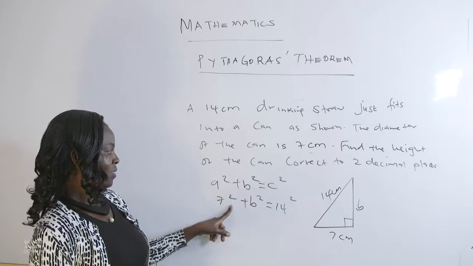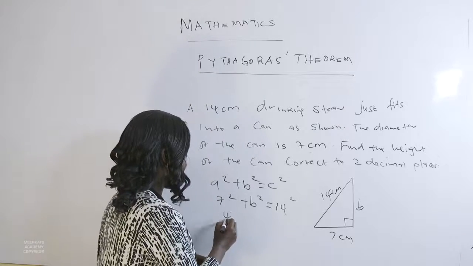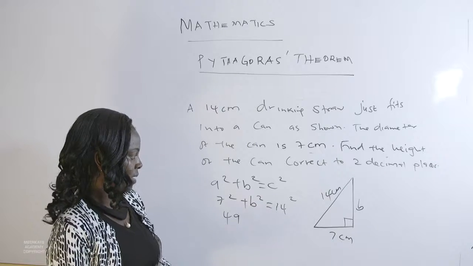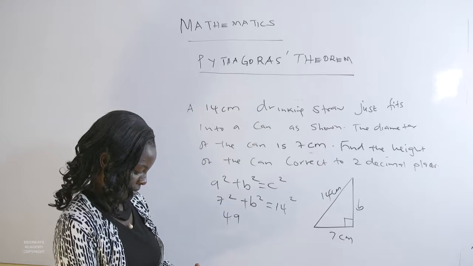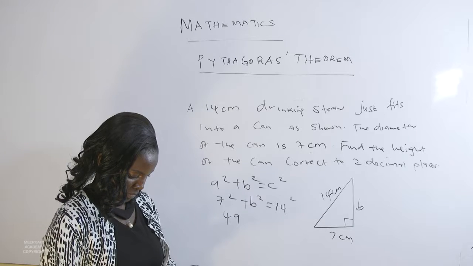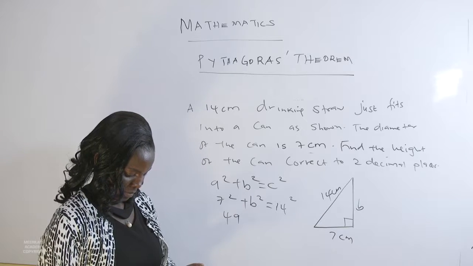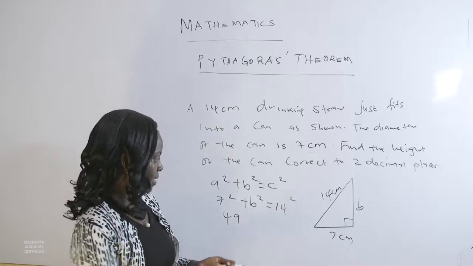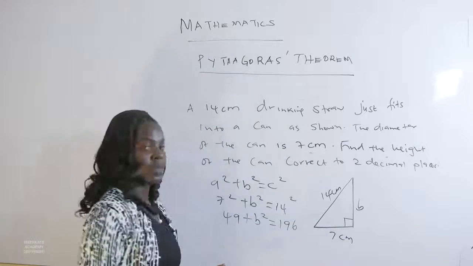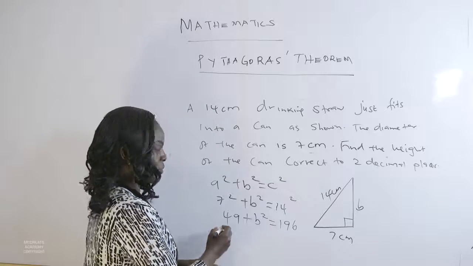So let's find the squares. 7 squared is 49. 14 squared is 196. Let us subtract 49 from both sides.